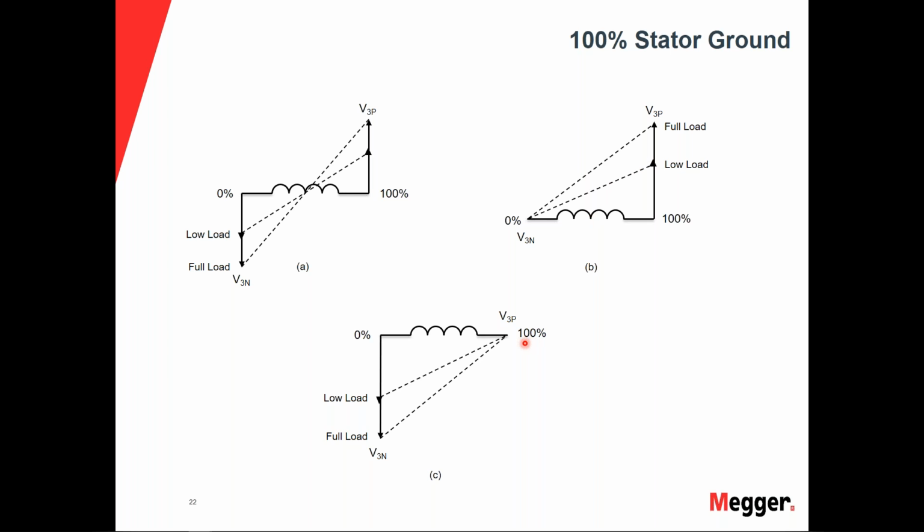If we have a ground fault at the generator terminal, then we will see all of the third harmonic voltage come down to the neutral point. So this would help us cover the last 5% of the stator winding, and it allows us to add this protection in addition to the 59N protection.